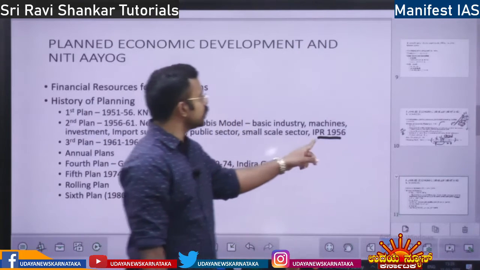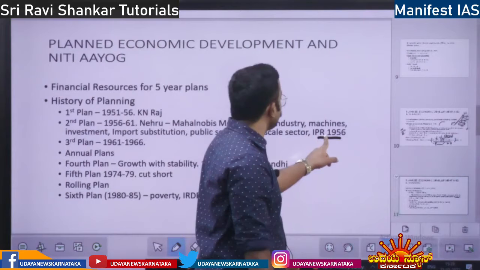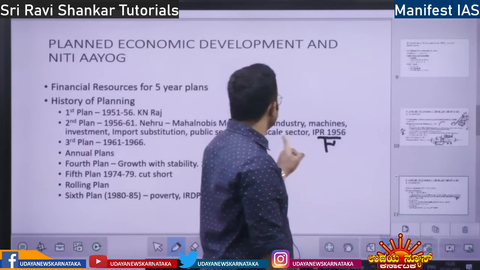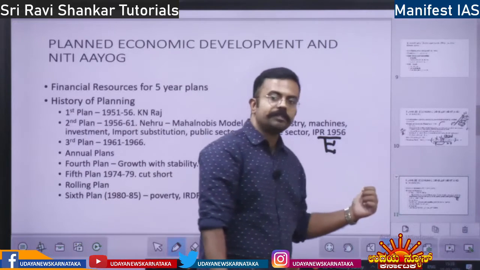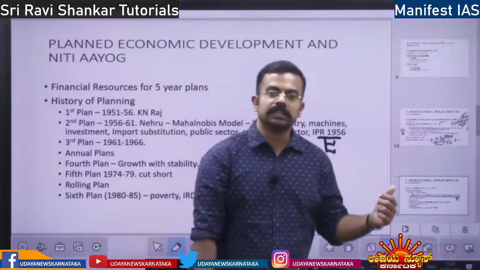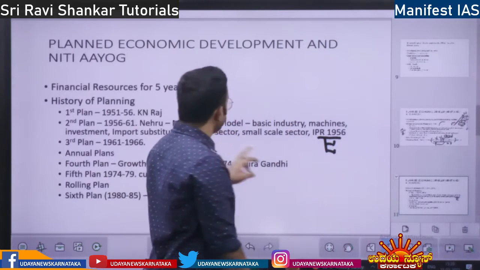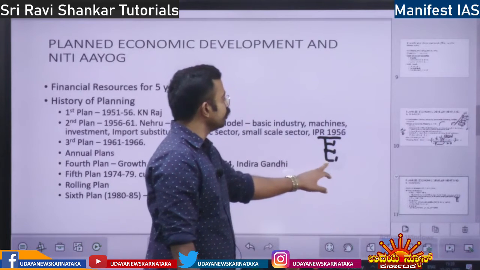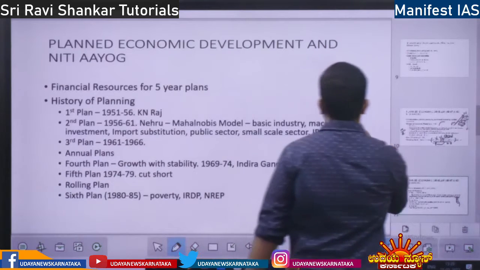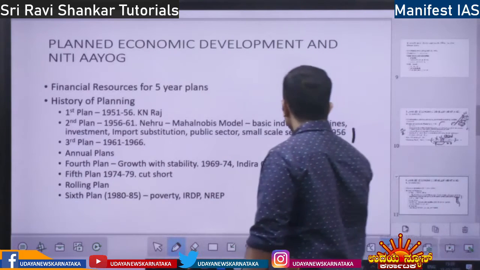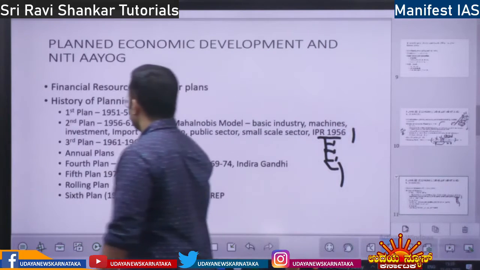How should industry take off? What should be the type of industry? It should be basic industry, manufacturing machines which in turn manufacture machines, right? It should be import substituted. It should focus on the public sector. All these come under the Industrial Policy Resolution 1956.